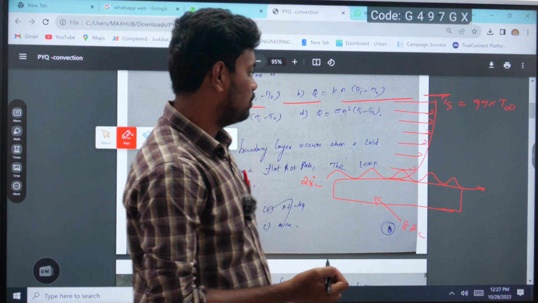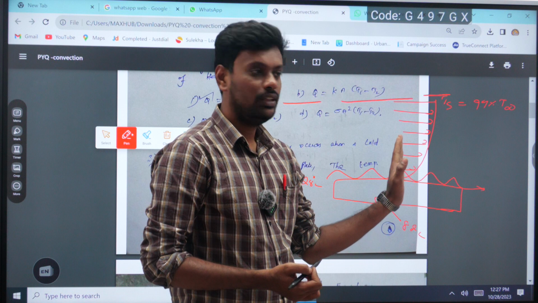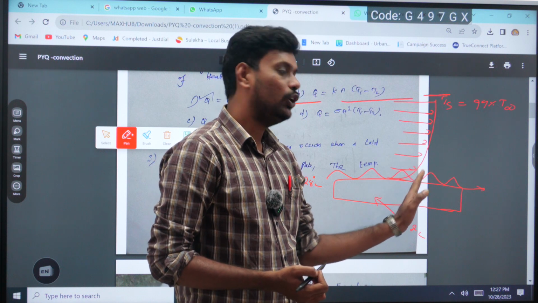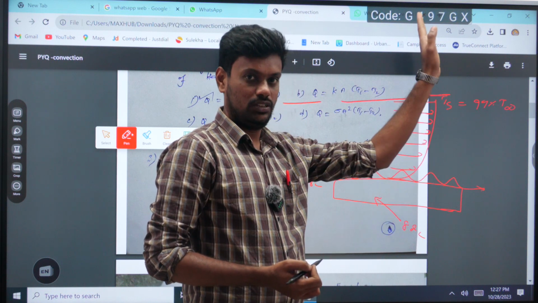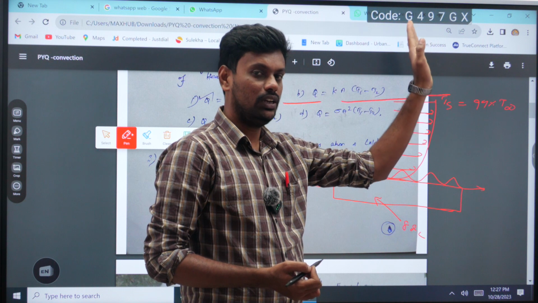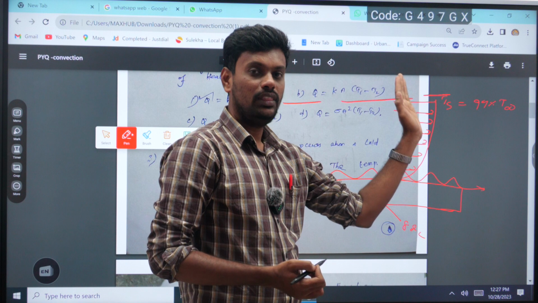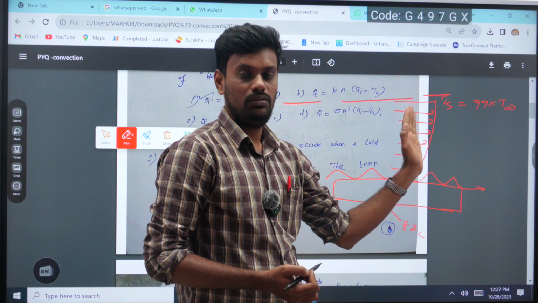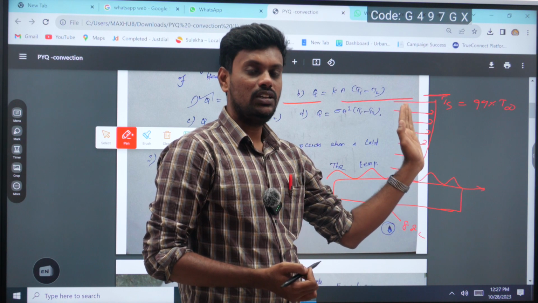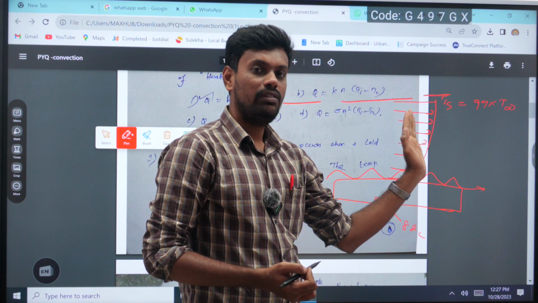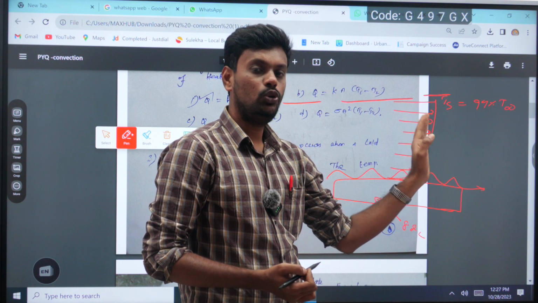Okay, so after some certain distance, what is happening? Heat will not travel from here after this distance. After some certain distance, heat will not transfer. So until some distance only, there will be some gradient in the temperature. What is the temperature gradient? Temperature value will vary with respect to any direction.